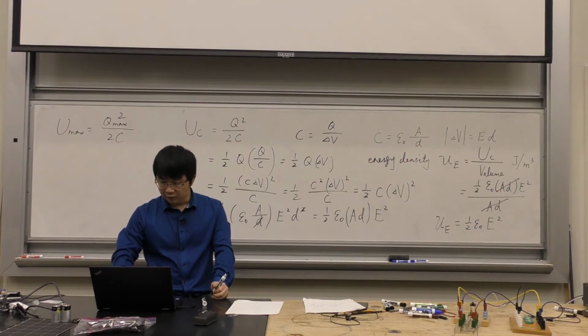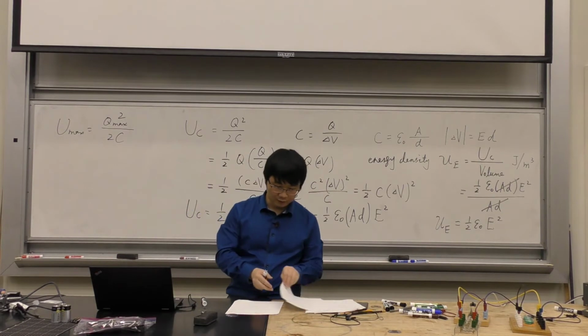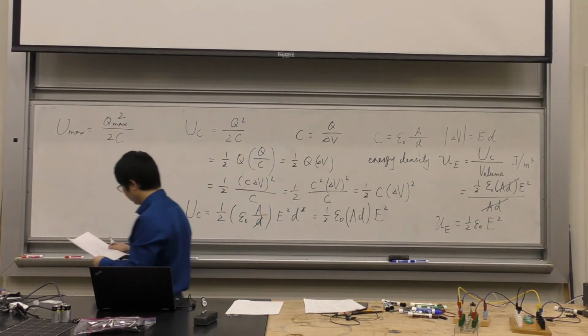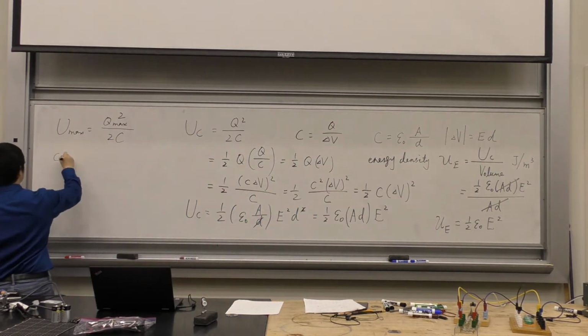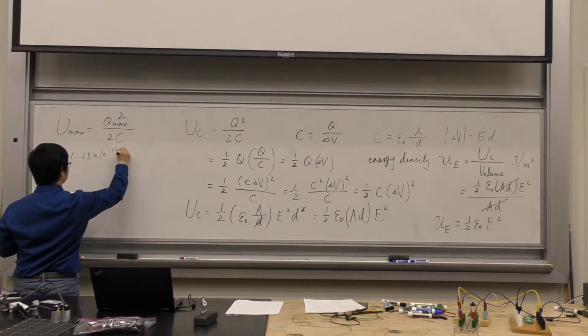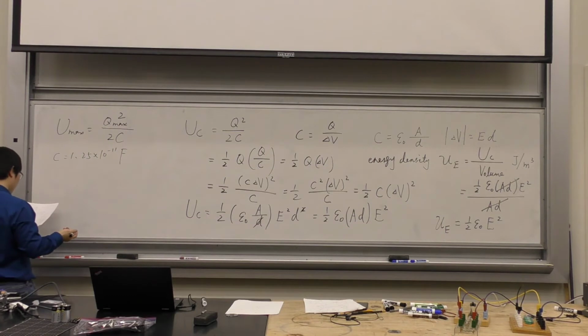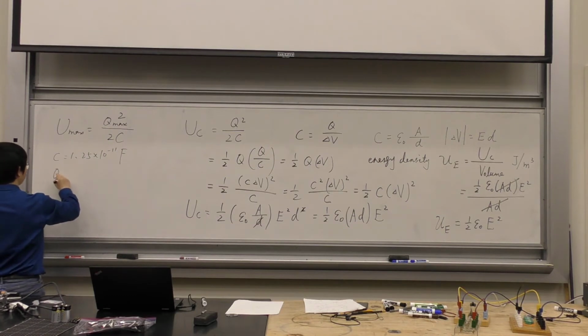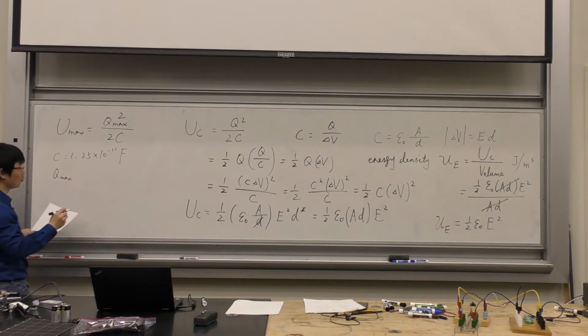That's the C we found: 1.25 times 10 to the negative 11 farad. You can also check your notes. And the Q max we found, how did we find Q max? You still remember that?